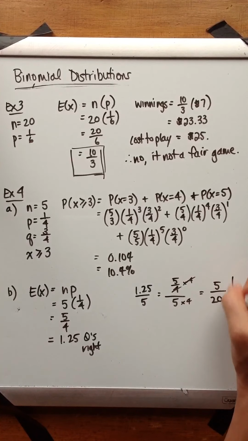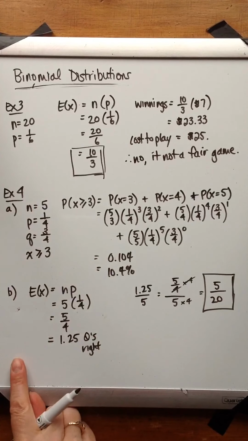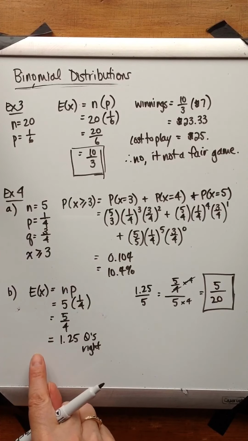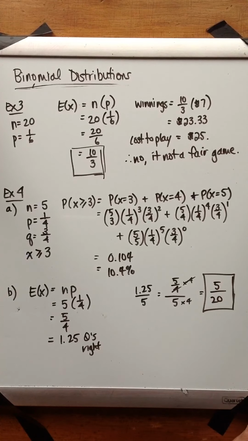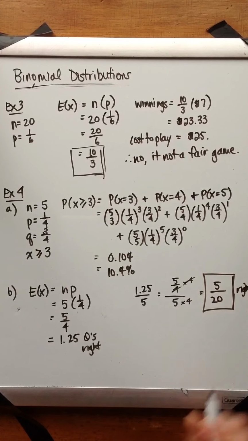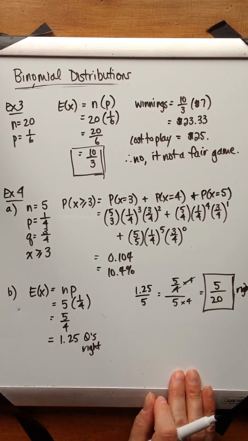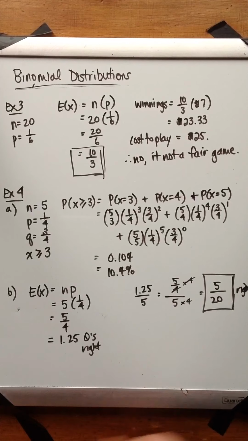A better analogy is that instead of getting 1.25 questions right on a 5-question multiple choice quiz, you get 5 out of 20 instead, and that would be right. So random guessing, probabilities don't work so well for you. Okay, you're not going to pass if you just randomly guess most times.